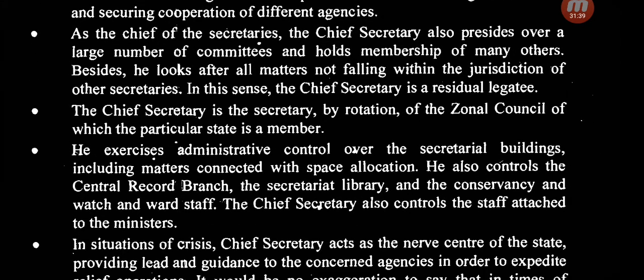As the Chief of the Secretaries, the Chief Secretary also presides over a large number of committees and holds membership of many others. Besides, he looks after all matters not falling within the jurisdiction of other secretaries. In this sense, the Chief Secretary is residual legatee.